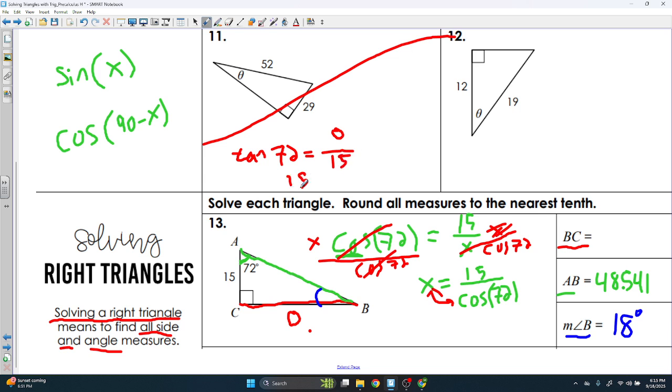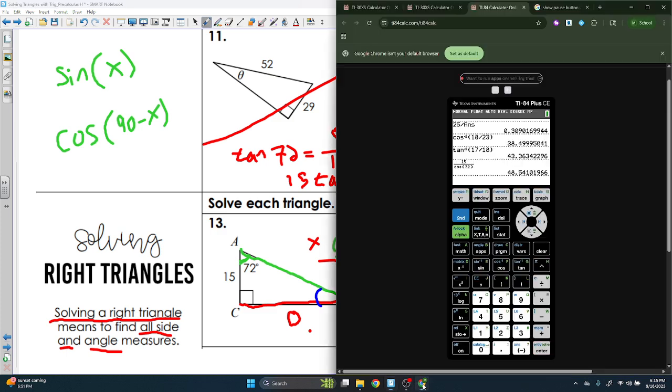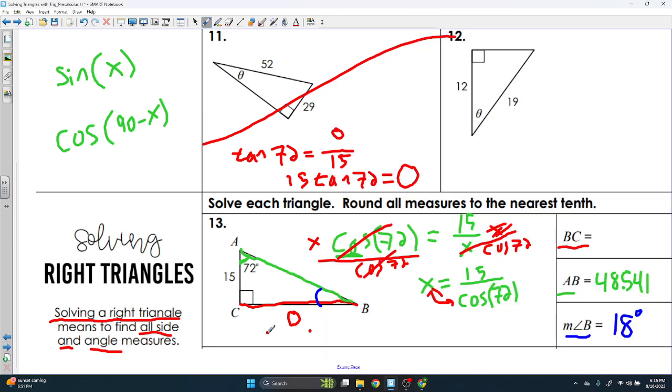So 15 times tangent of 72 will get us that opposite, that BC. So 15 times tangent of 72. You can really just type that in, I think. It does a pretty good job of multiplying those. That's 46.165.